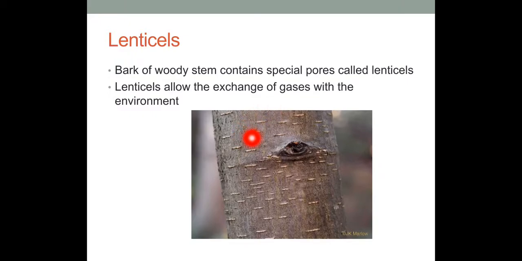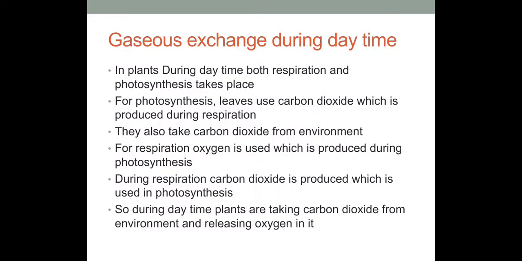As you can see here, the white scar-like structures are lenticels present on this bark. Lenticels are pores in the bark region of the woody stem, and these lenticels allow the exchange of gases with the environment. With the help of the lenticels, oxygen and carbon dioxide can move in and out of the plant body. So these are the three parts with the help of which exchange of gases takes place in plants.